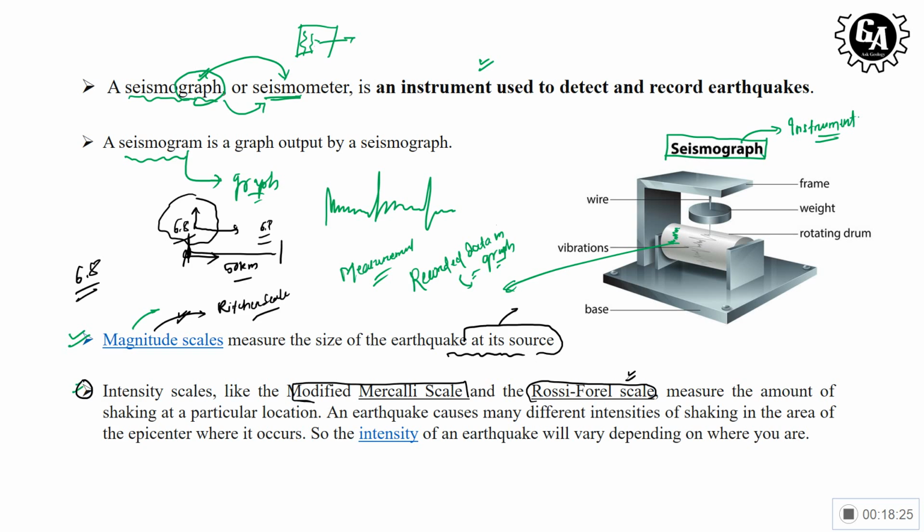And what is one more thing about earthquakes? How does an earthquake form? Earthquake is a natural phenomenon where accumulated strain energy gets dissipated. It is actually the sudden release of accumulated strain in rocks.